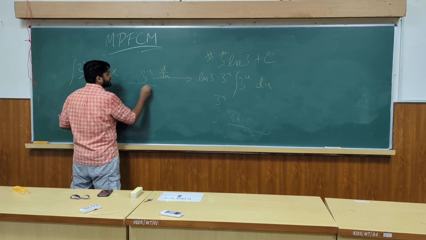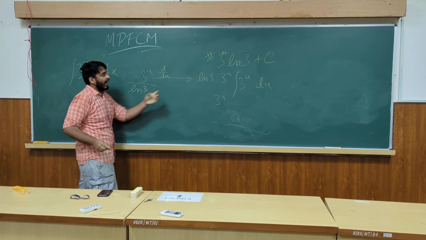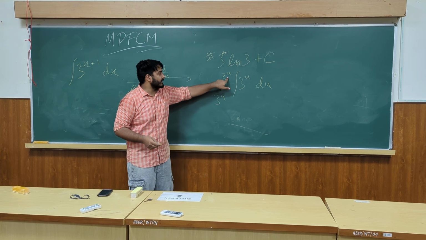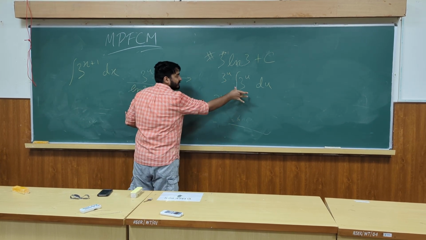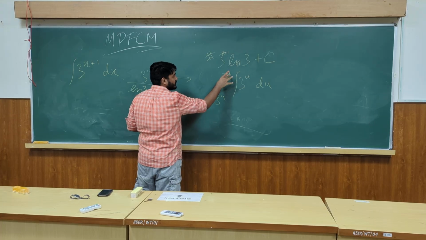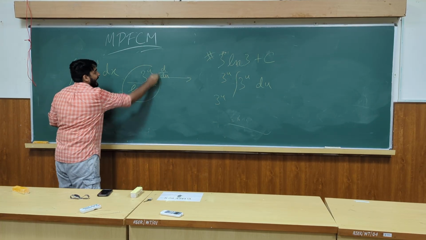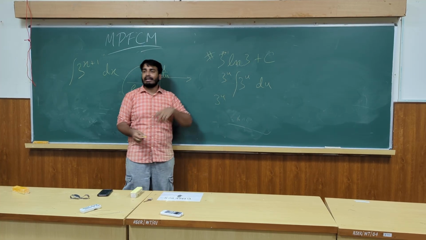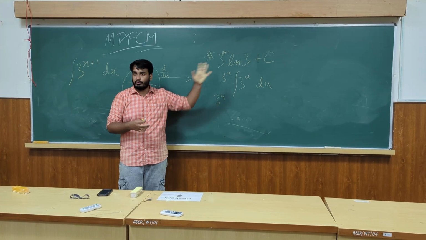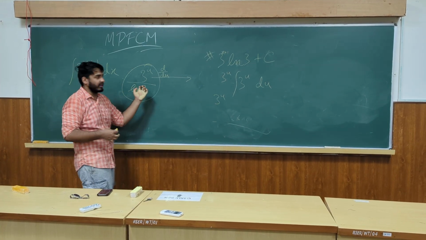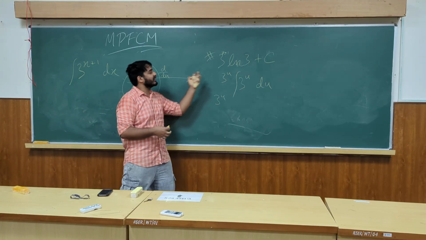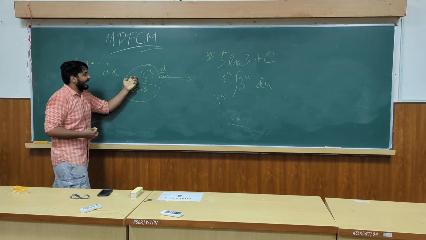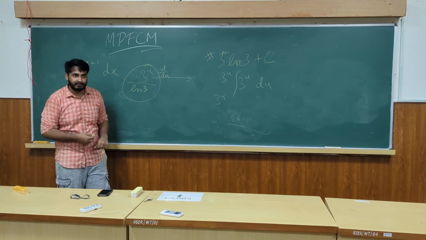So if I divide by ln 3, the constant would come out on differentiation and I would get 3 to the u. So if my function is 3 raised to u over ln 3, when I differentiate it I get the original 3 raised to the u. So when I integrate 3 raised to the u, I get 3 raised to the u over ln 3.